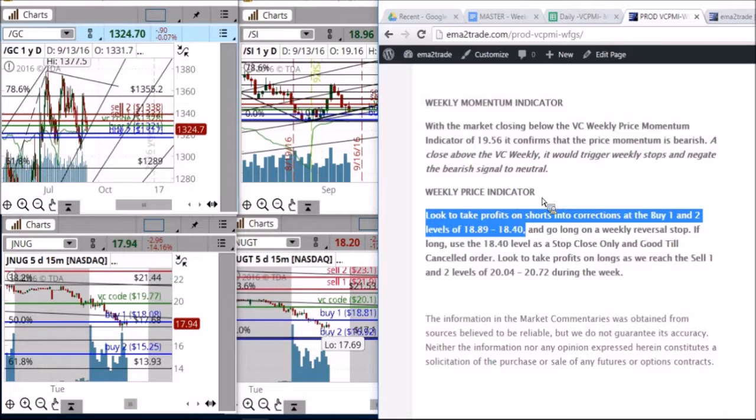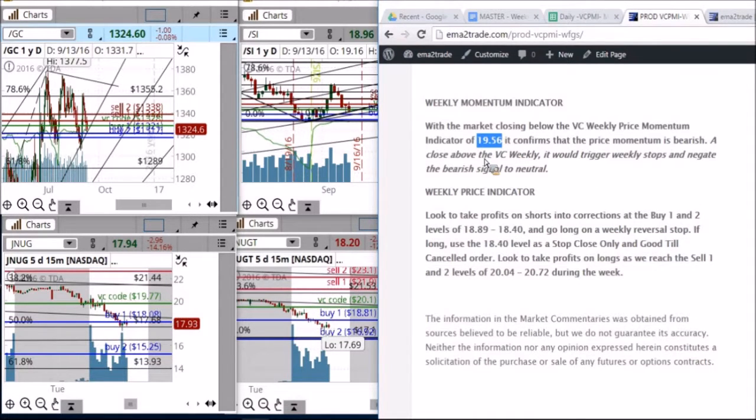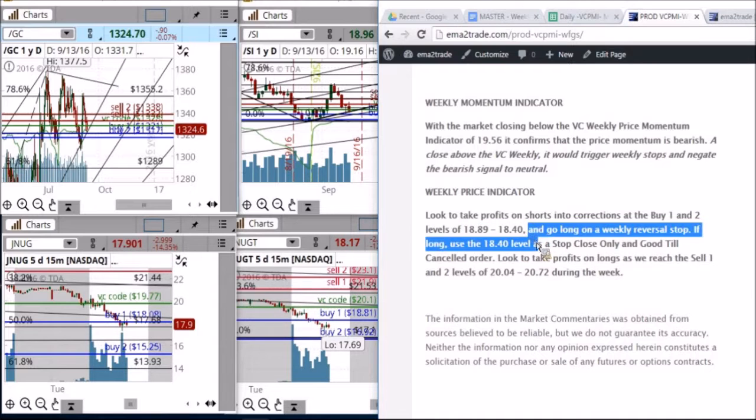The weekly told us, look to take profits into corrections, based on the fact that the market closed below 19.56, at 18.89 to 18.40 this week, and to reverse long and then use the 18.40 level as your stop, close only, in a good till cancel order.